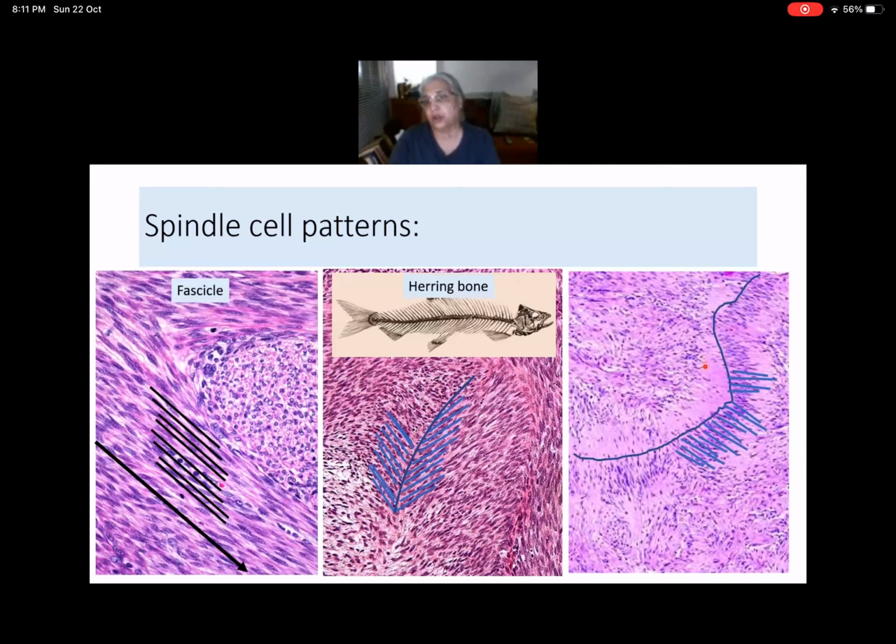This is the direction in which the bundle is running. It's not running like this, it's running like this. You see this? All these nuclei, and therefore the cells themselves, are perpendicular to the direction in which that bundle is running. And this is what we call a palisade.